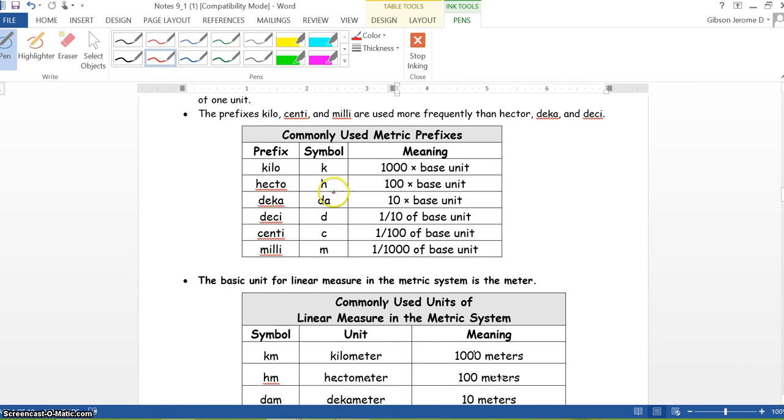Now, if you notice here, we have these set up here. It says the basic unit for linear measure in the metric system is the meter.